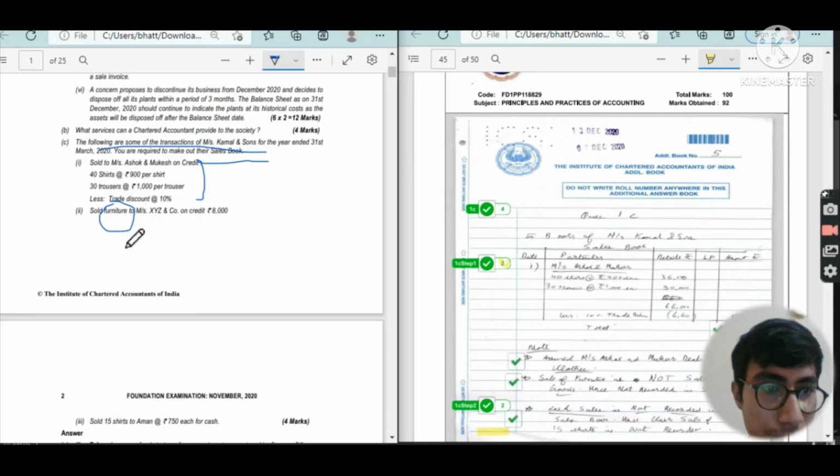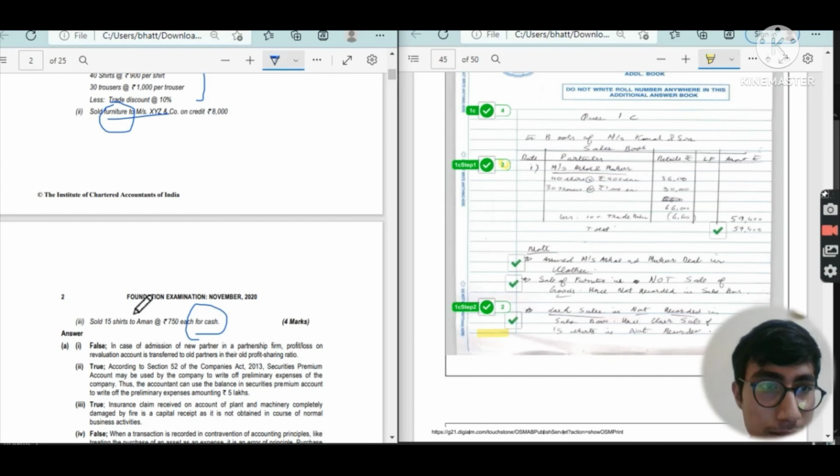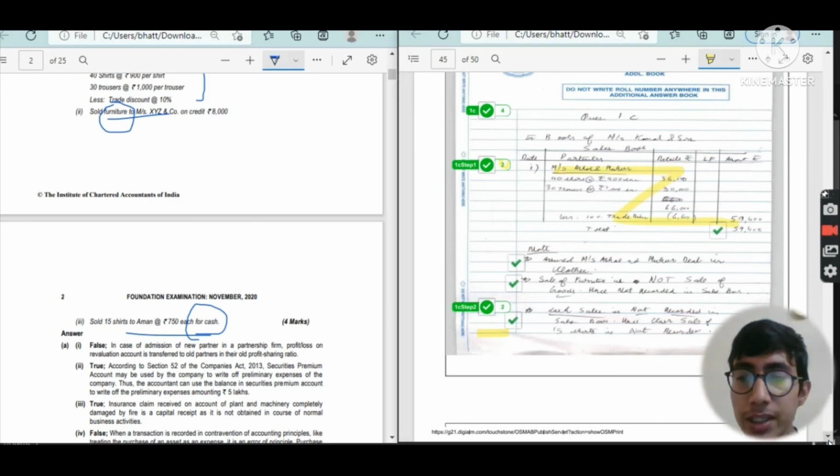Then we write, since furniture is not a good, it will not come in the sales book. And the third point, since only credit sales come in the sales book, the cash sale of goods is not included. So you need to write these points on why the second and third points are not included. Otherwise there is only one entry coming in the sales book. Then only can you get full marks.